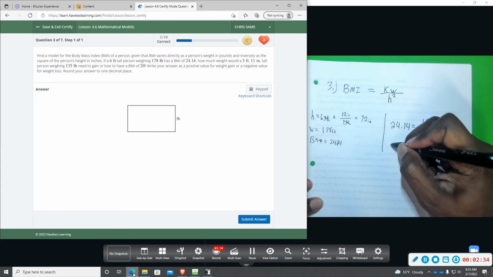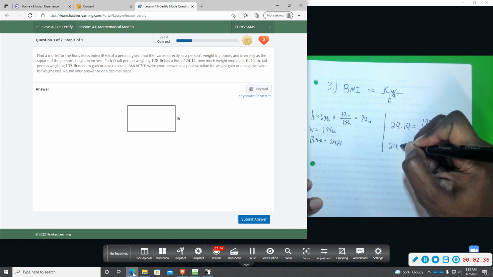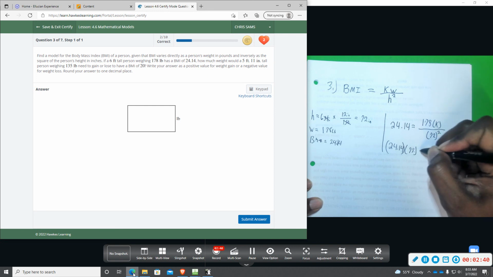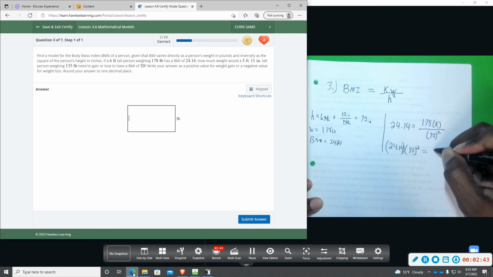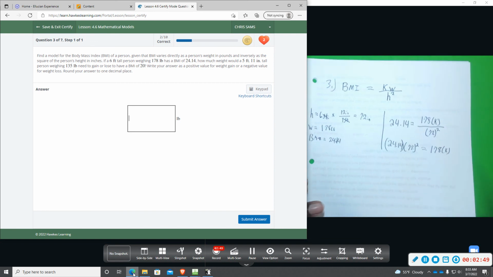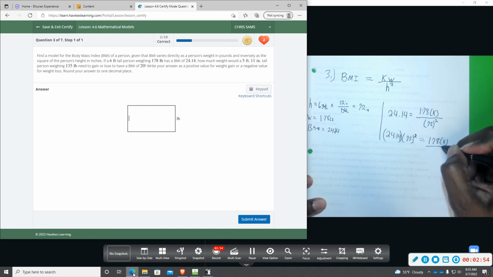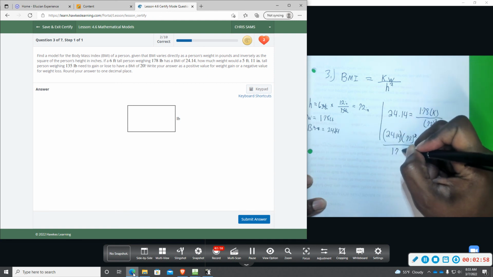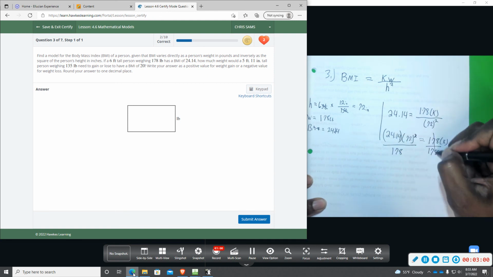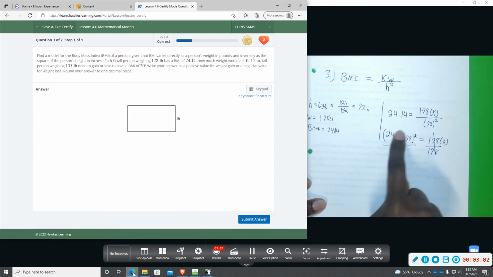So that will give us 24.14 times 72 squared equals 178K. And then we're going to divide by 178, and that will give us K. I'm just going to let the calculator do all this heavy lifting for me.